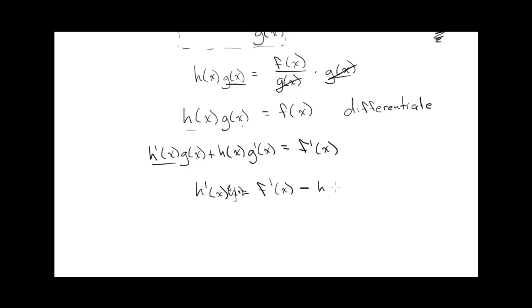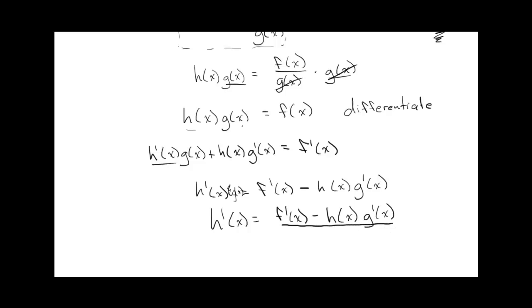And then I'm subtracting h at x, g prime at x. So I was subtracting this from both sides. And then I'll divide by g at x. So h prime at x equals f prime at x minus h at x, g prime at x, all over g at x.